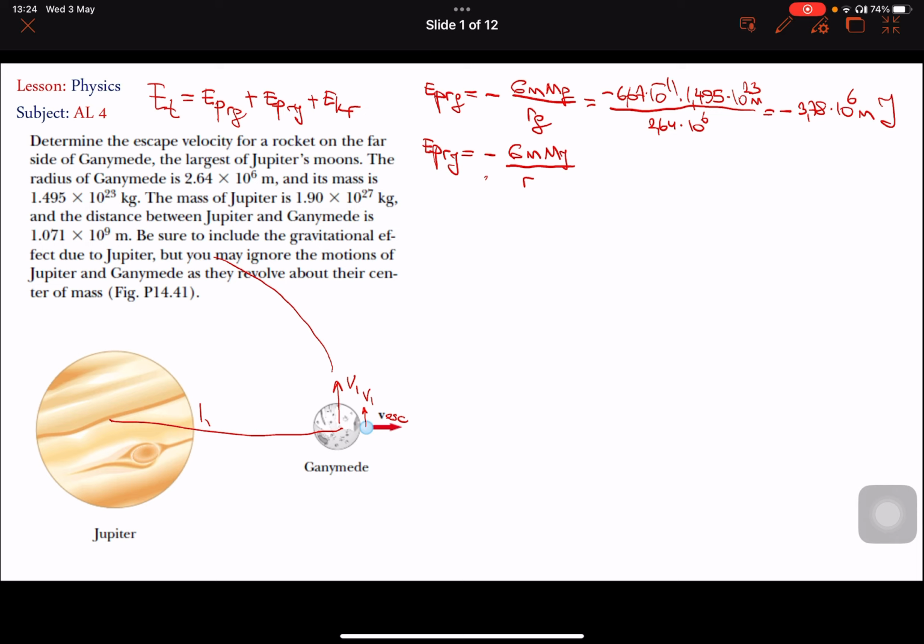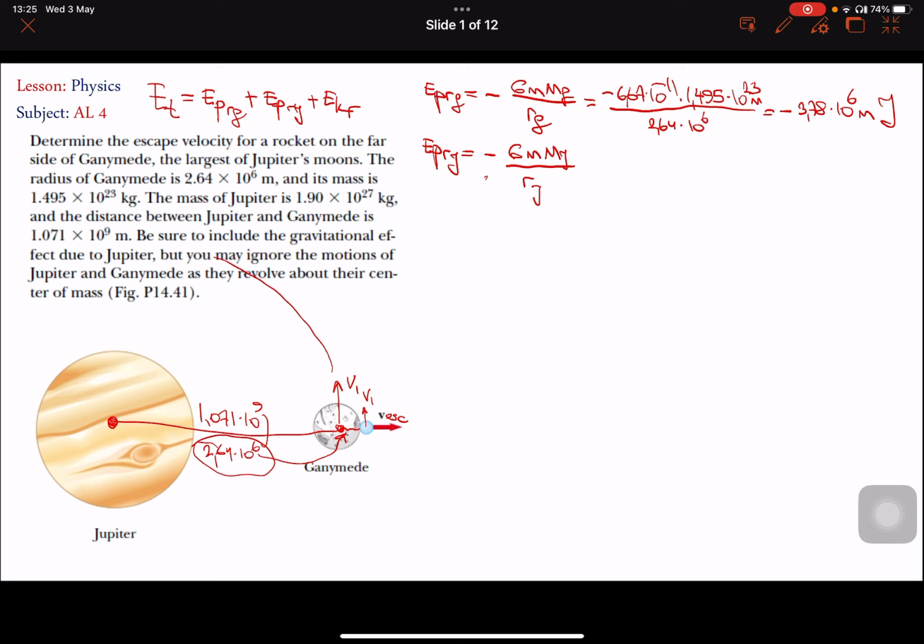I would also have to include the radius of Ganymede, which is 2.64 times 10 to the power of 6. You see it's 1,000 times smaller than the distance between Jupiter and Ganymede, so it can be neglected. I'll write it as the distance of Jupiter from Ganymede.